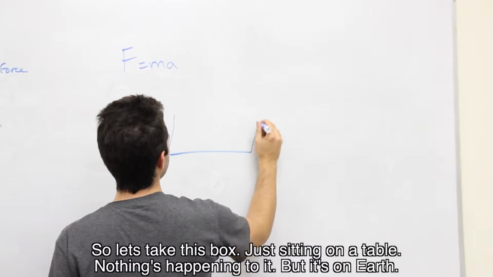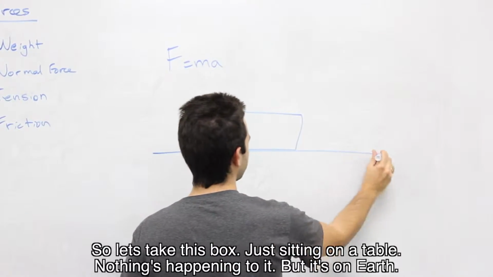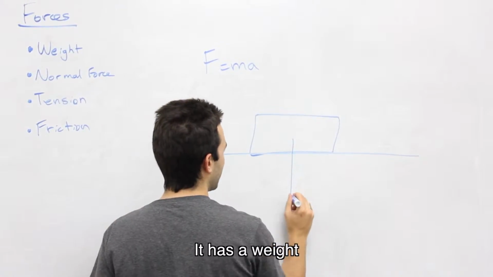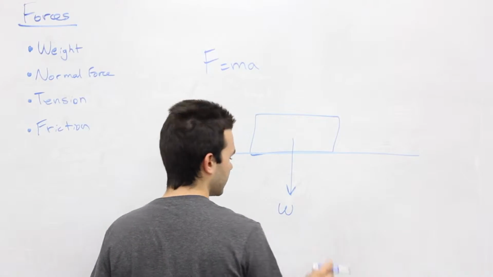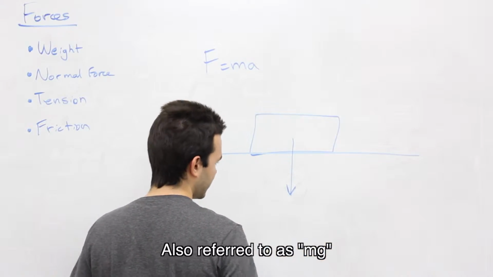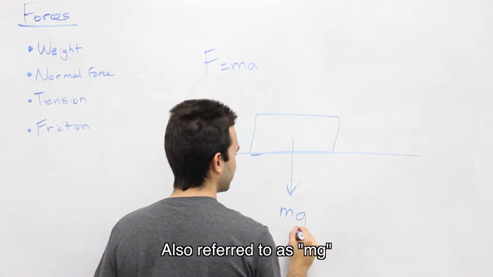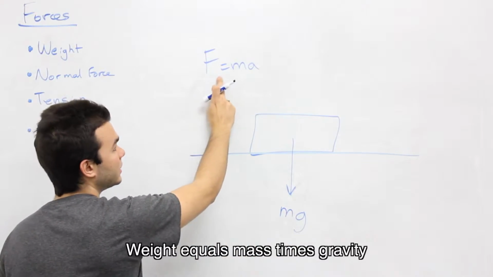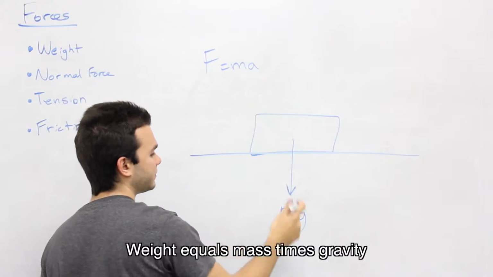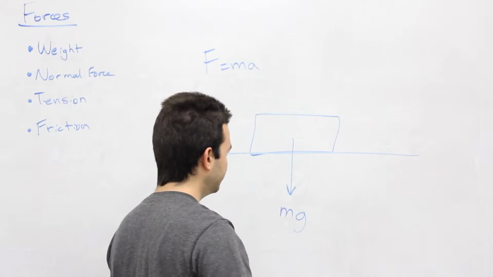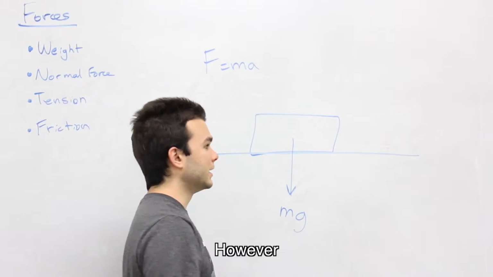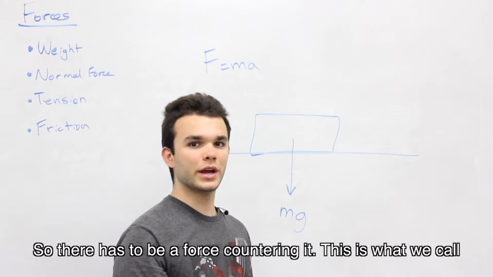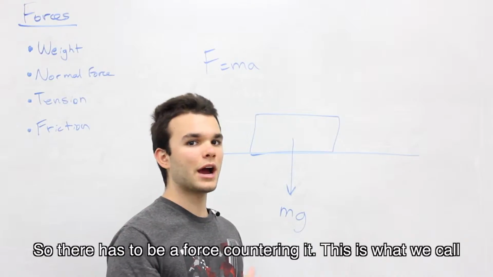So let's take this box, just sitting on a table, nothing's happening to it, but it's on Earth. It has a weight, also referred to as mg, for its mass times gravity. Weight equals mass times gravity. However, it doesn't just go straight down through the table. So there has to be a force countering it.